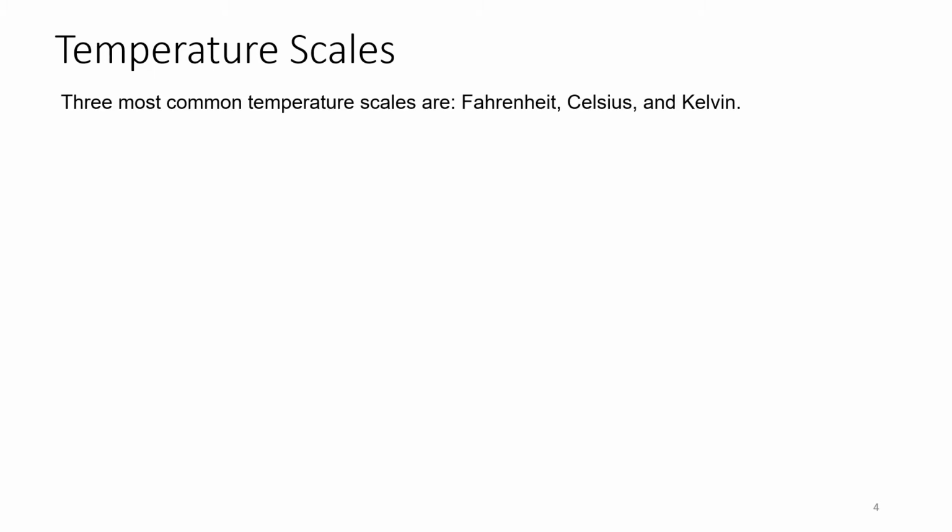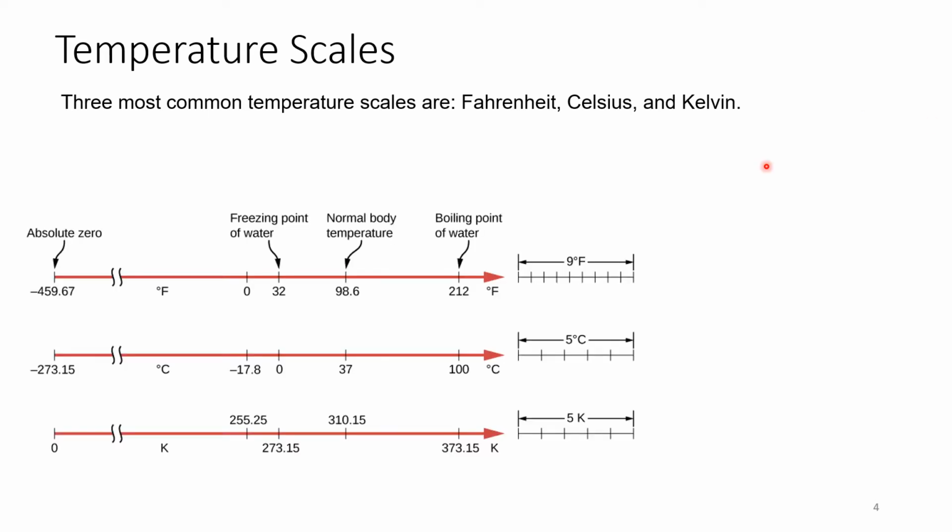Thermometers are used to measure temperature according to well-defined scales of measurement. The three most common temperature scales are the Fahrenheit, Celsius, and Kelvin. A temperature scale can be created by identifying two easily reproducible temperatures. The freezing and boiling temperature of water at standard atmospheric pressure are commonly used.